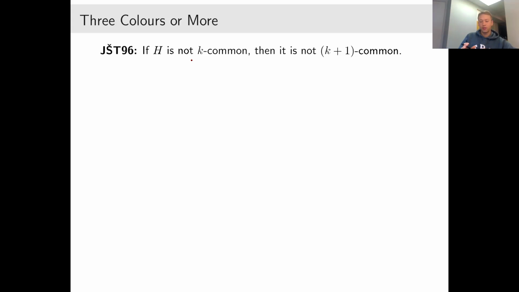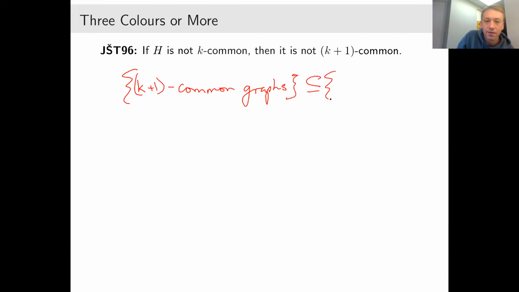So it's harder for a graph to be k-common if the number of colors k is larger. This implies that the set of all k plus 1 common graphs is a subset of the set of all k-common graphs. When you have more colors, it's a restricted family of graphs.